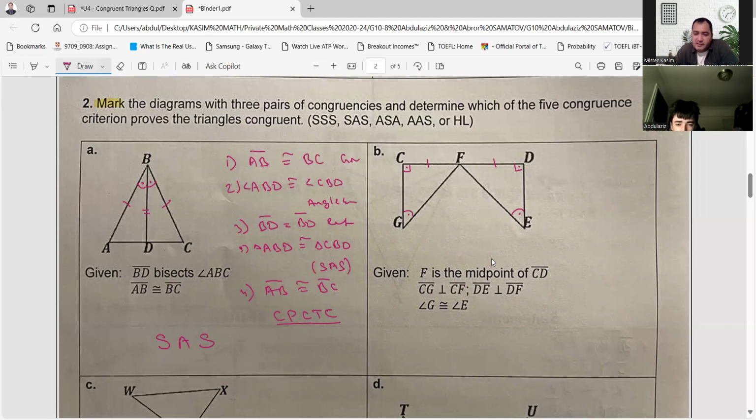Angle, angle, side, because angle G is congruent to angle E, it's given, right? And angle C is congruent to angle D, they are right angles, right? And CF is congruent to FD, that's the definition of median, right? So that's why it is angle, angle, side, right? Okay.